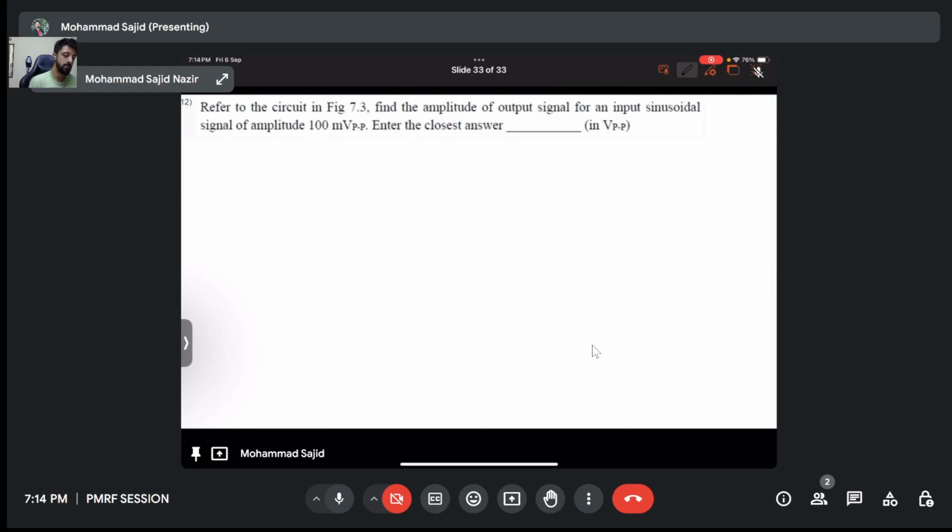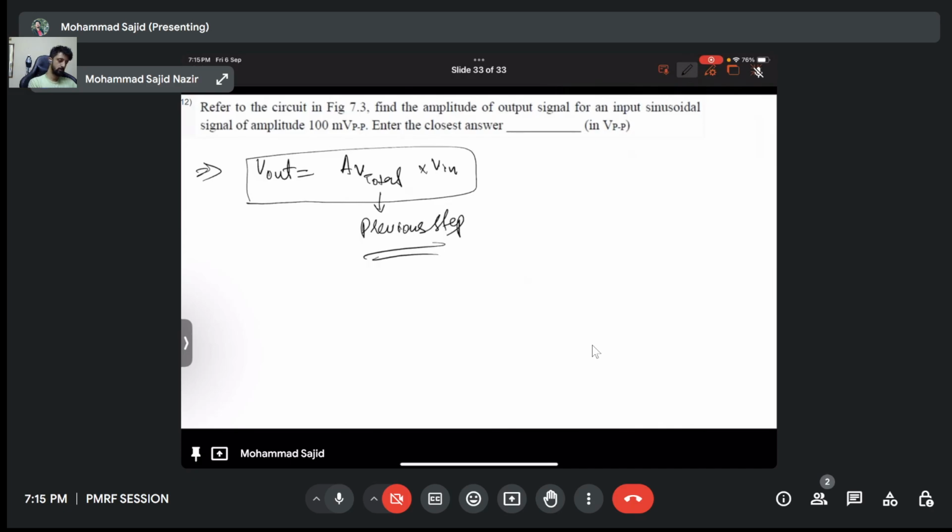Finally, what is the amplitude of the output signal for the input signal? V output is total gain multiplied by V input. This is the total gain equation, and we calculated it in the previous step. The input is 120 millivolts peak to peak.